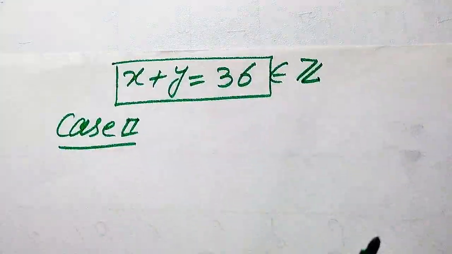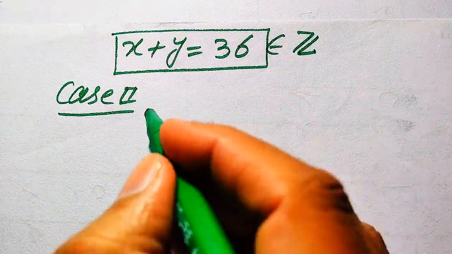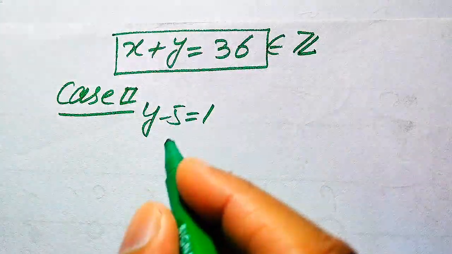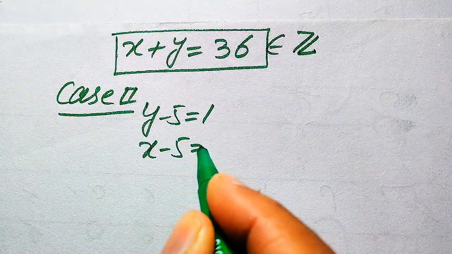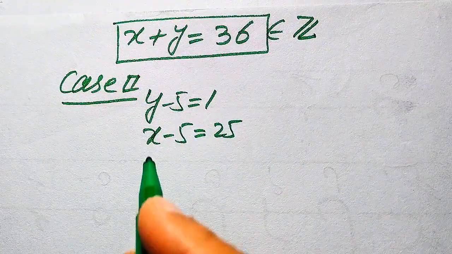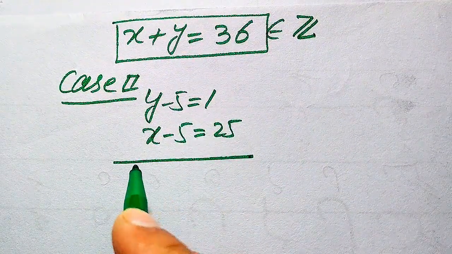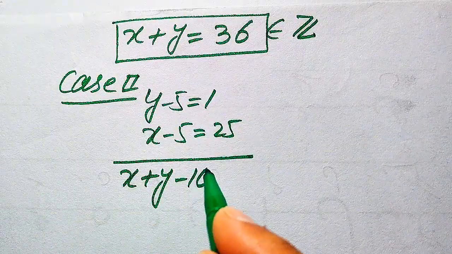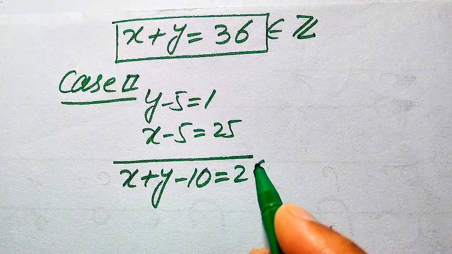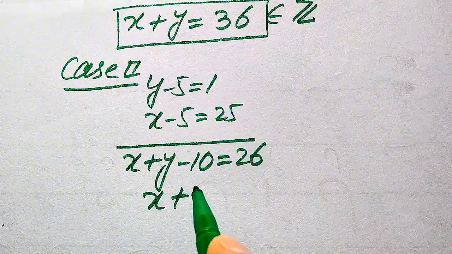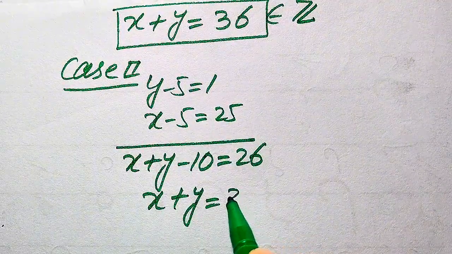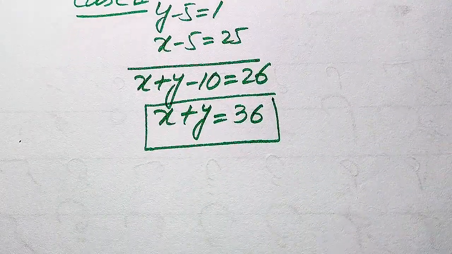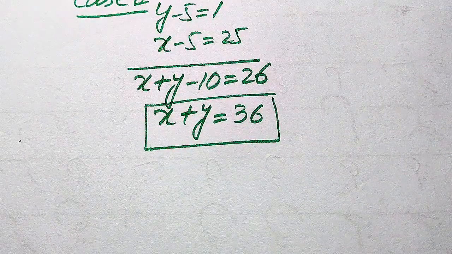So we write our second case as y minus 5 equals 1 and x minus 5 equals 25. Again we sum up these two values, and we get x plus y. -5 minus 5 becomes -10, and this is also 26. So in the second case we also get x plus y equals 36, which we already got in the first case.